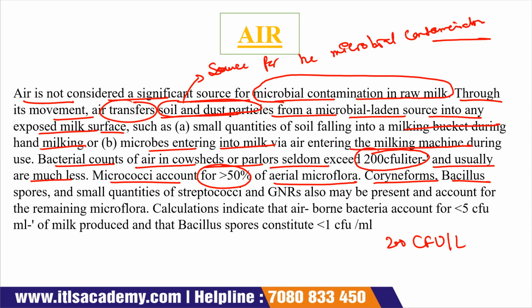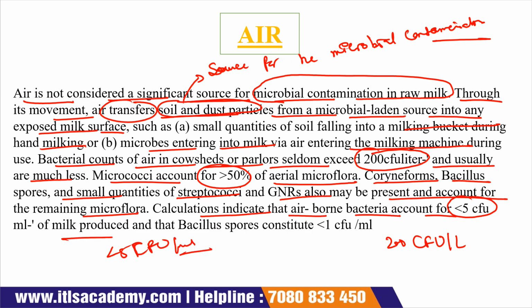Coryneforms, bacillus spores and small quantities of streptococci and others may also be present and account for the remaining microflora. Calculations indicate that airborne bacteria account for less than 5 CFU per ml of milk produced, and bacillus spores consist of less than 1 CFU per ml.